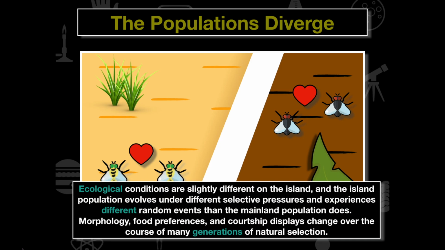Ecological conditions are slightly different on the island, and the island population evolves under different selective pressures and experiences different random events that the mainland population does and does not have. So morphology, food preferences, and courtship displays change over the course of many generations of natural selection.